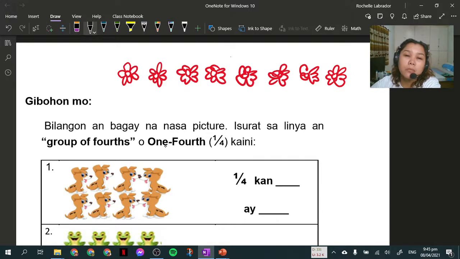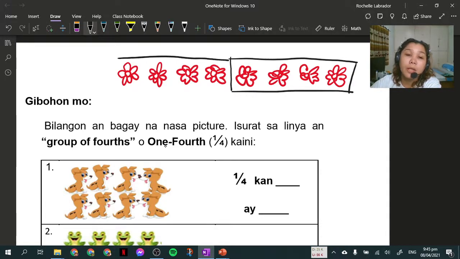So ibig sabihin, let's make first 2 groups muna para mas madali. And then, if we made 2 groups now, 1/2 pa lang ito. But we are after 1/4. So, ibig sabihin, we need to divide this into 2. Ito naman, divide this into 2. Kaya sinabi ko kanina, 1/2 of 1/2.